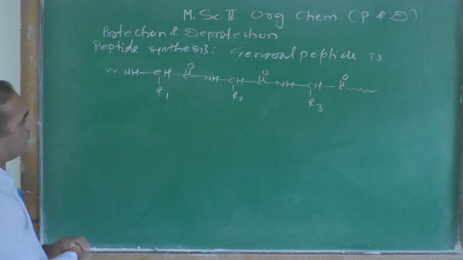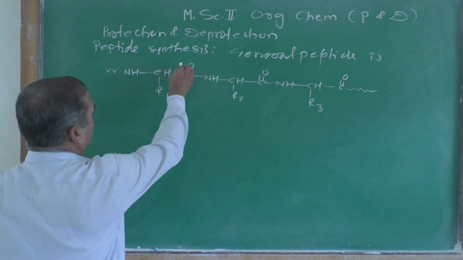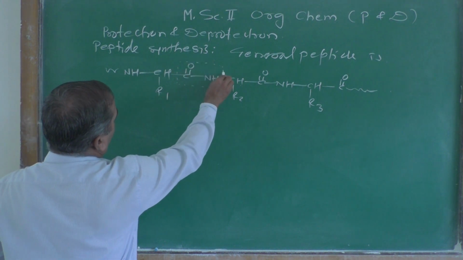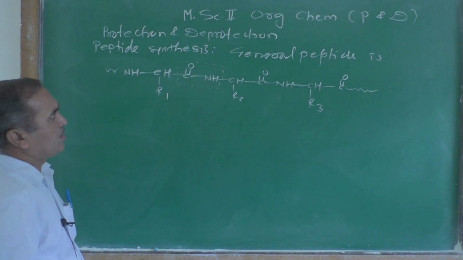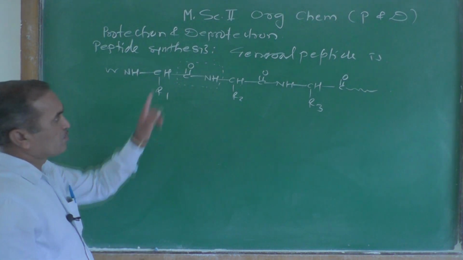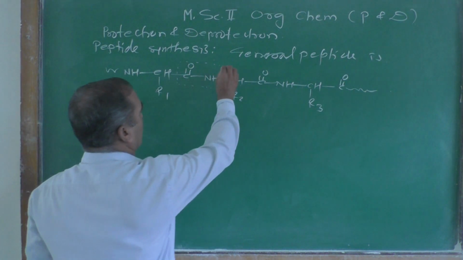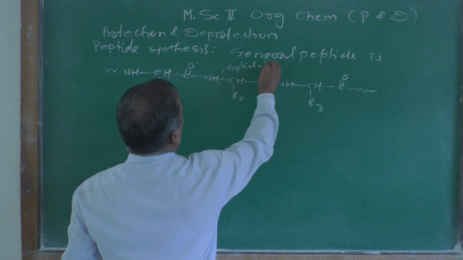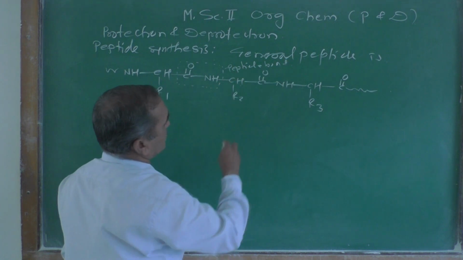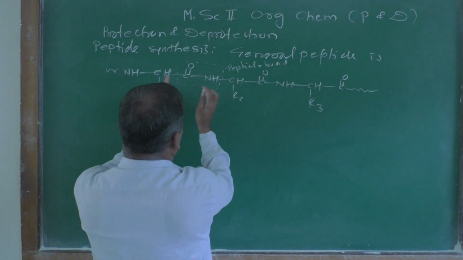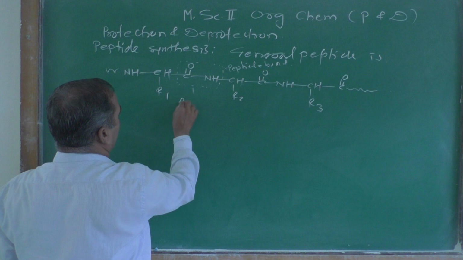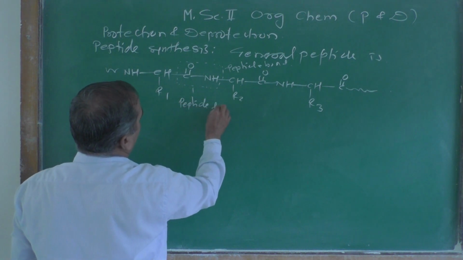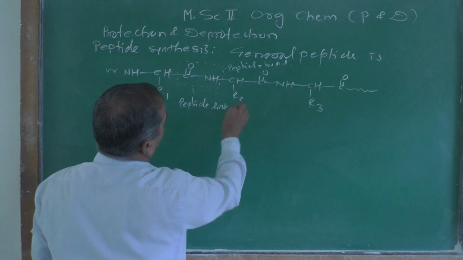Now look at this bond clearly here. The bond adjacent to the carbonyl group and the NH group is an amide, so this is called a peptide bond, or we can call it a peptide linkage. This one is also a peptide linkage.